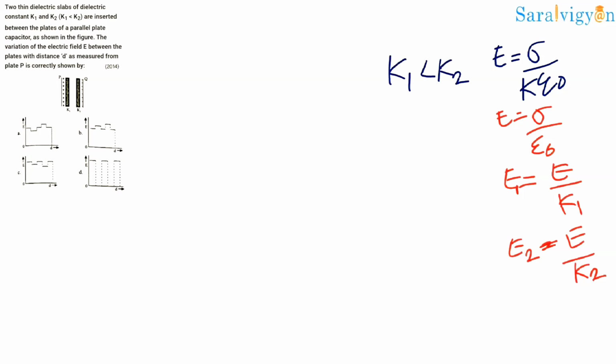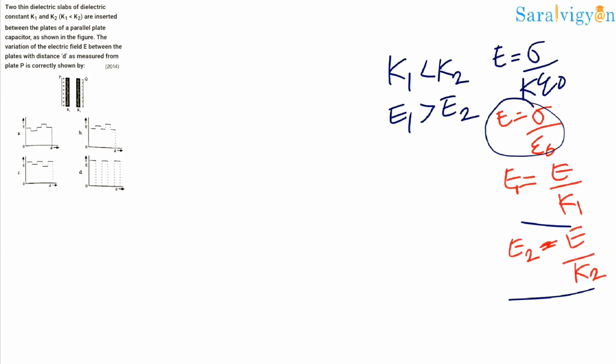Since we have an inverse relationship, E1 is greater than E2, because of the formula obtained. Since there is no dielectric constant we divided by in E, E is the greatest of them all. So with this information we can plot the graph, or we can check the options.